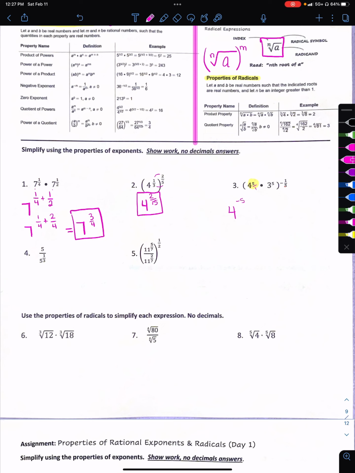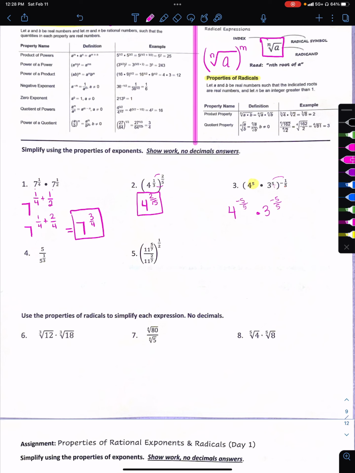So then I'm going to take that 1 and multiply it by 5 on the denominator. So that 1 times that 1. So that's negative 5 over 5. Okay, let's do that again for 3. So I have 3, and then I have 5 times negative 1, which gives me negative 5, over 1 times 5, which gives me 5.